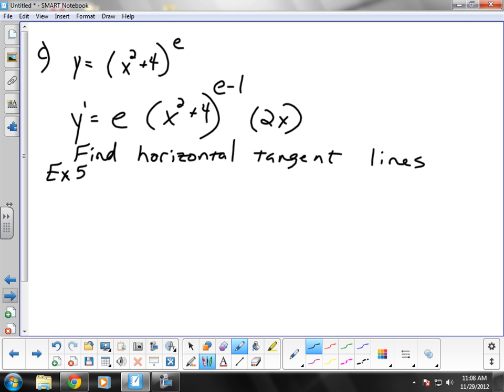Because I tell you to, that's a good reason. But what is going on when the tangent line is horizontal? It's touching at a turning point, right? It's a place where it's been going up and it's turned around and going down, and that's when my slope is exactly 0, right? And so a horizontal tangent line is one that's got m equals 0.